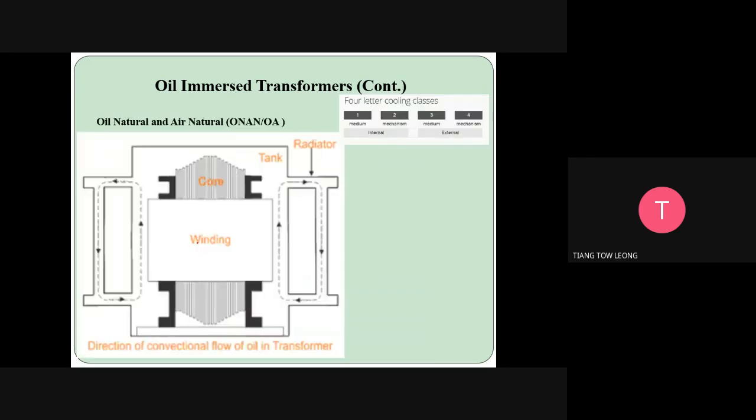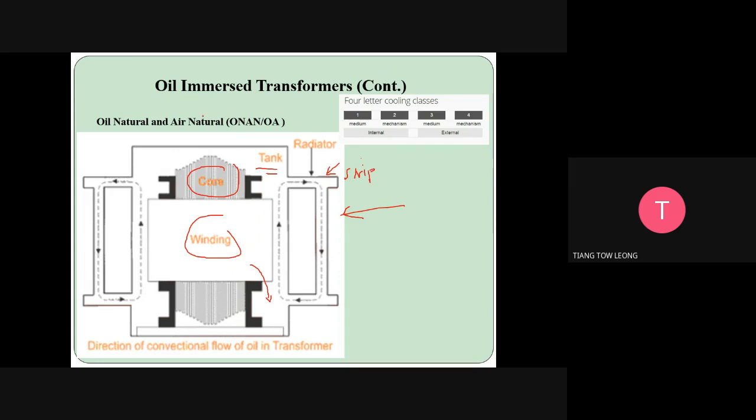Let's go for this example first. We can see the structure of the transformer: this is the core, this is the winding, and it is immersed in the medium in the tank, and we have a radiator.